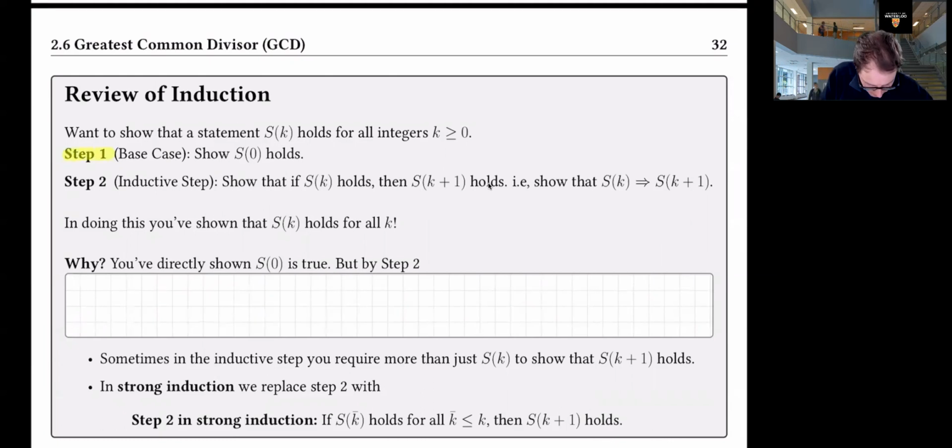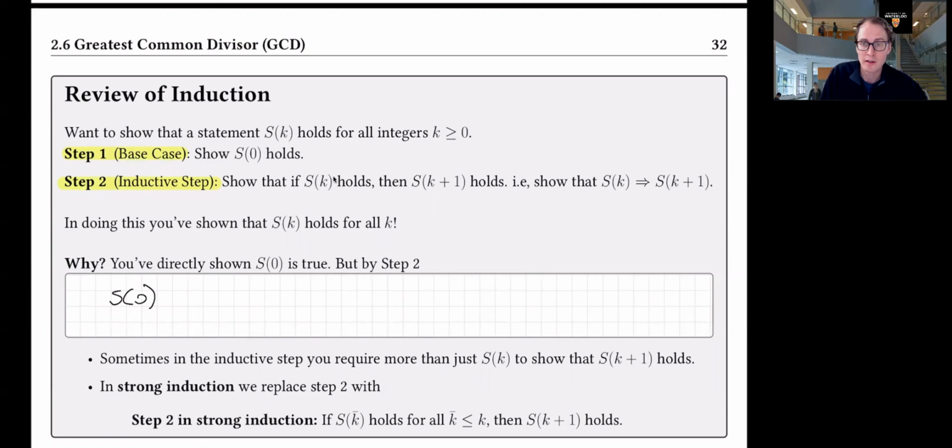So we basically just have two steps, the base case and then the inductive step, which is assume it holds for k and show it holds for k plus 1. And so that means if it held for k, that would imply it holds for k plus 1. And if you can do those two things, then you've shown it holds for all k. And the reason why is that you've basically created a chain of logic. So you verified by hand in the base case that it held for S0.